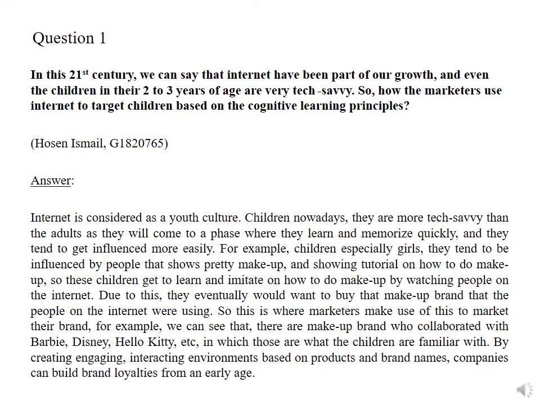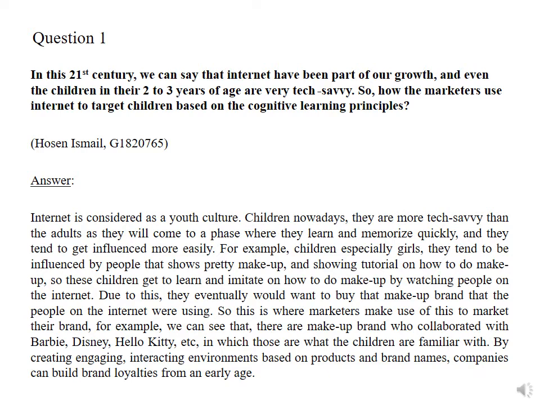So here, the internet is considered a youth culture. So children nowadays are more tech savvy than adults, as they come to a stage where they learn and memorize very quickly, and they tend to get influenced more easily. Like for example, children, especially the girls, tend to be influenced by people who show pretty makeup and tutorials on how to do makeup.